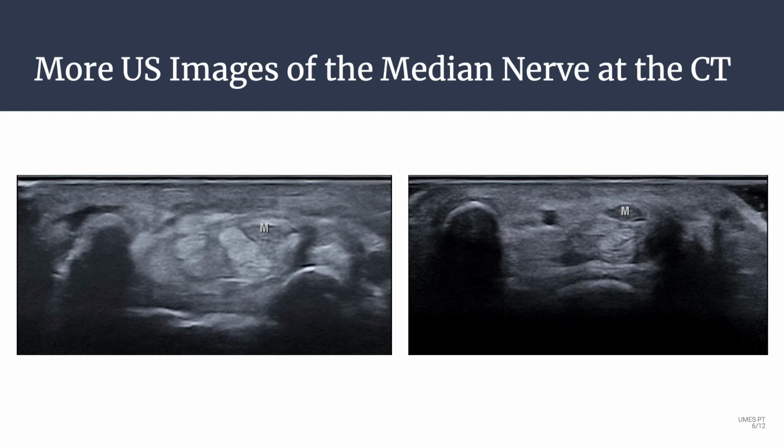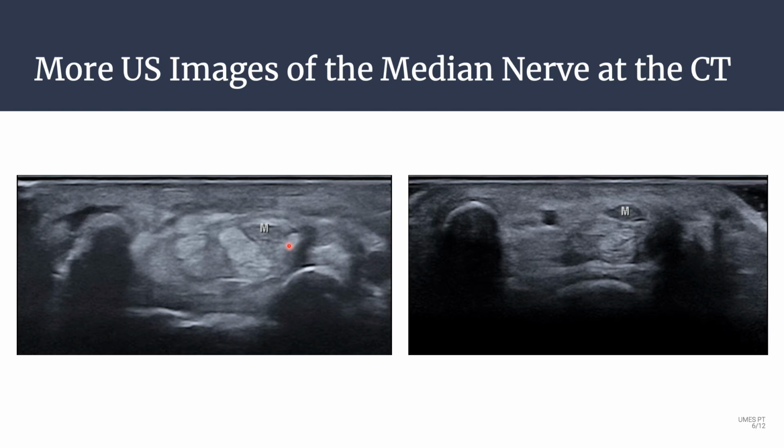I'm going to give you a couple of seconds to look at these two images. These are both additional ultrasound images of the median nerve at the carpal tunnel. Here are your bones, here and there, and this one's a little bit harder to see.